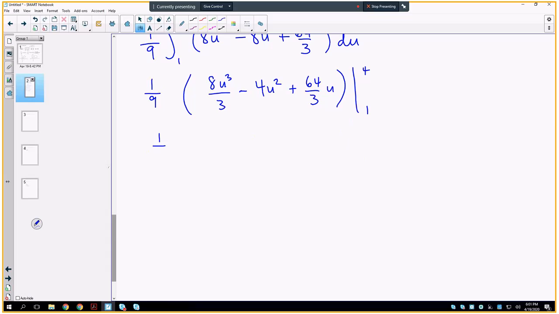And that's 1 over 9. 8 times 64 over 3 minus 64 plus 4 times 64 over 3. When I plug in 4, then I'm going to subtract 8 over 3. If I plug in 1, subtract 4, but it's subtracting a negative 4, so positive 4, and then subtract 64 over 3.